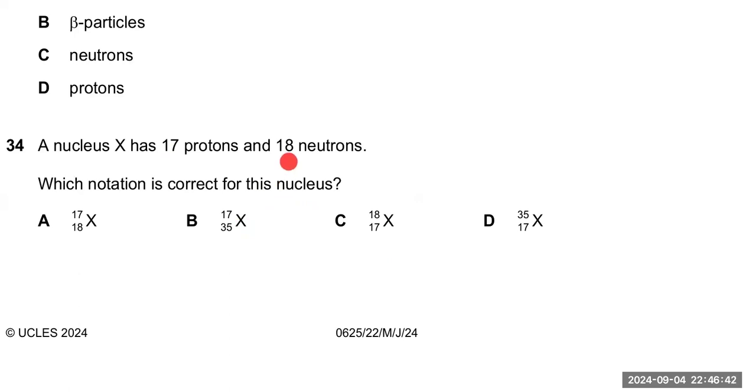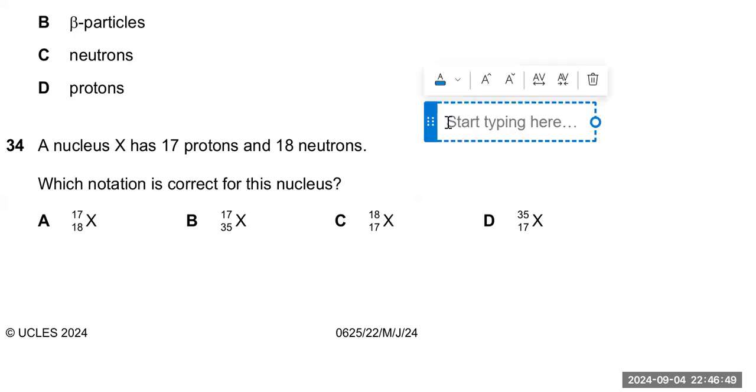We never use neutron number here. The sum of proton and neutron is the mass number. I will write it: mass number is equal to proton number plus neutron number. So proton number is 17, and neutron number is 18, you will get 35.